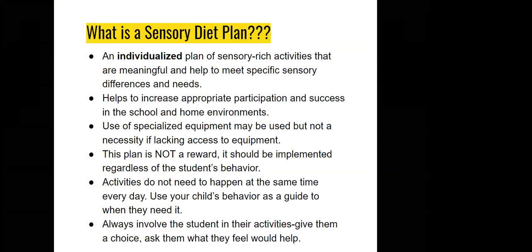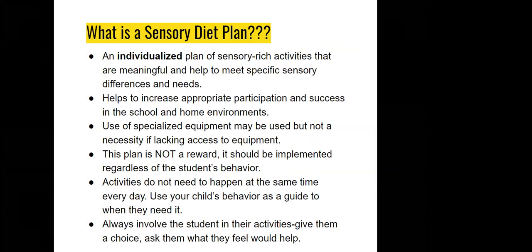So now we will talk about some sensory diet plans. I just want to say, you want to make sure your OT is involved with any kiddo that you feel has sensory issues, or if they're having behaviors.